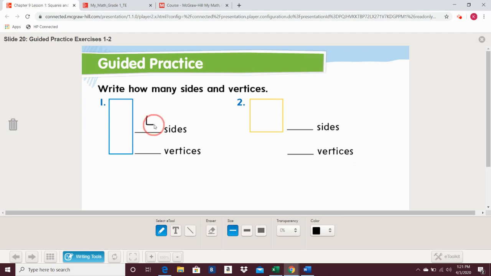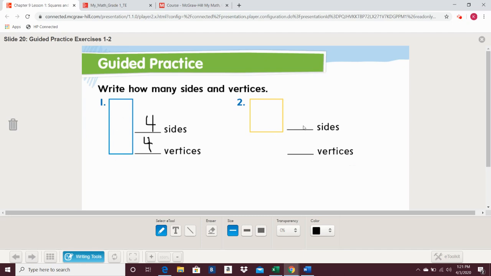So go ahead, write that there. And it has 1, 2, 3, 4 vertices. So tell me the name of this shape. Yes, it is a rectangle.